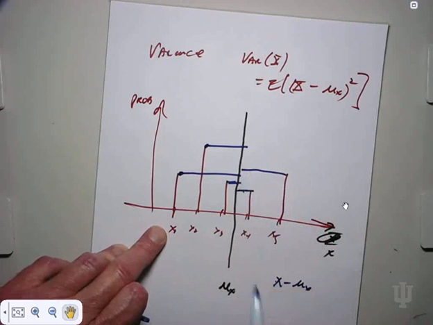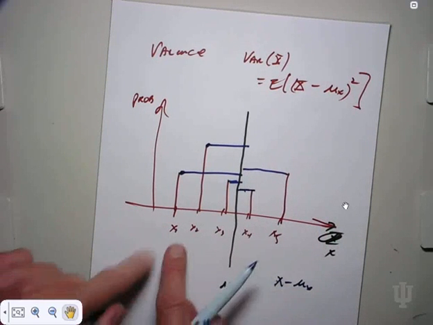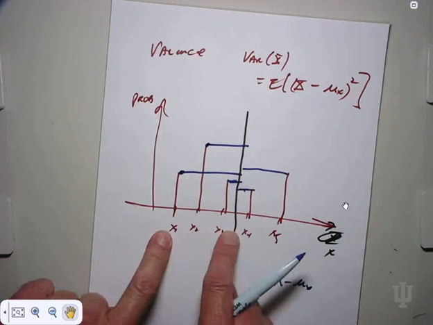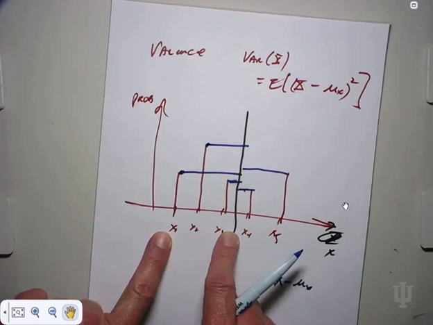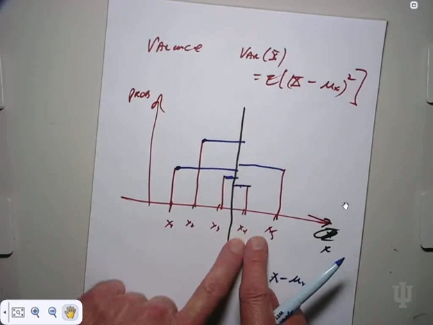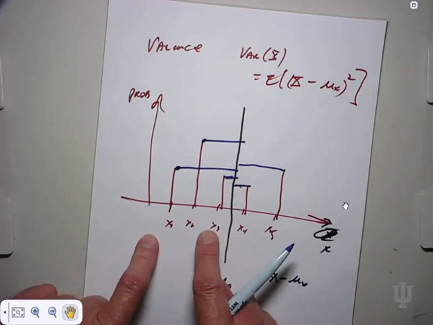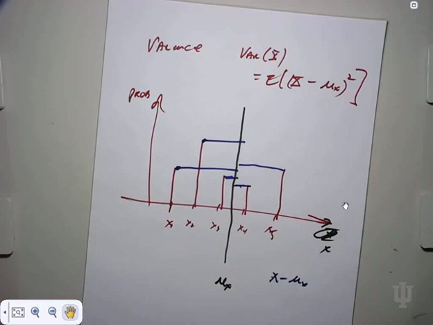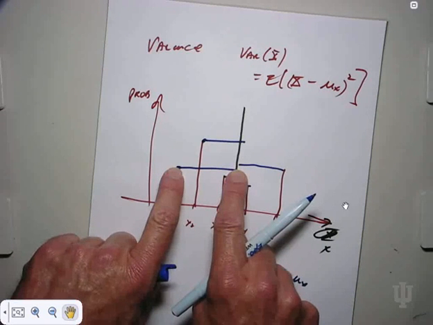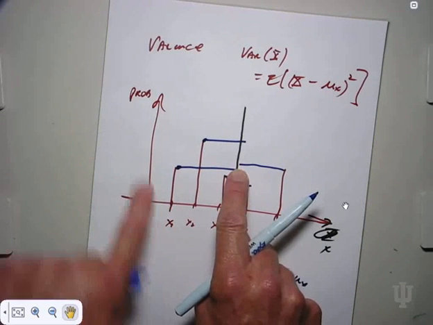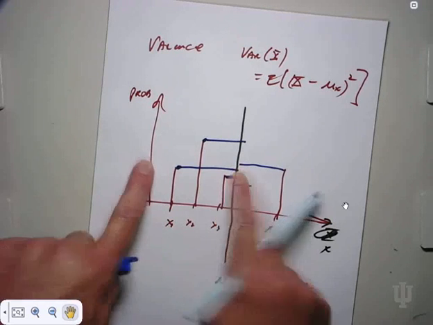Now what happens is when you do x minus mu x over here, you're getting negative numbers. And when you do x minus mu x on this side, you're getting positive numbers. If you just add them up, that's really meaningless. What you have to do is multiply by our likelihood, meaning you take this distance and multiply by the likelihood of this, that's this height, and so forth.